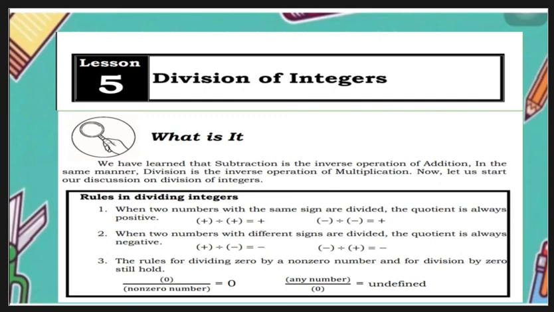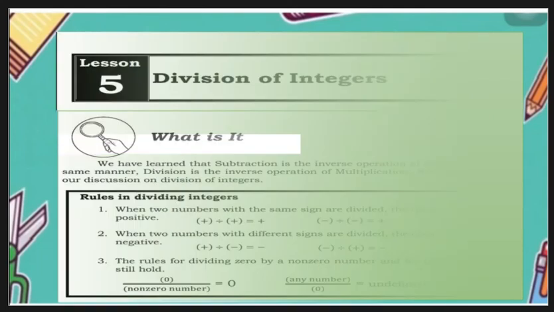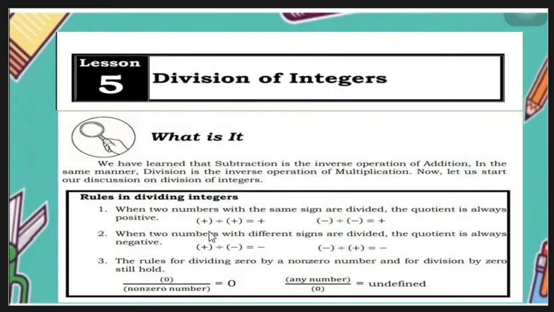Now, we have also the rules in dividing integers. First, when two numbers with the same sign are divided, the quotient is always positive. Example, positive divided by positive is equal positive.